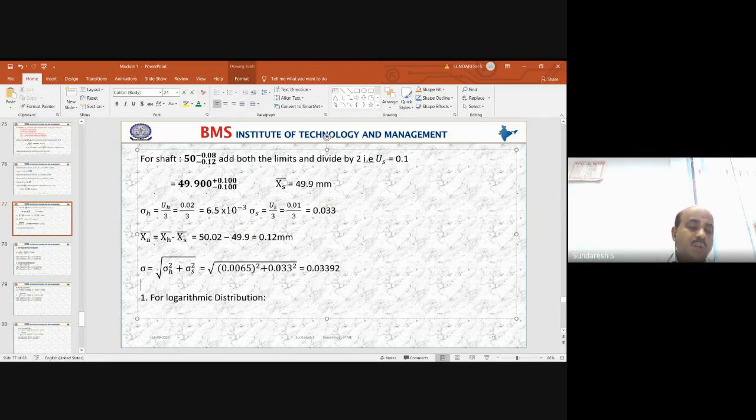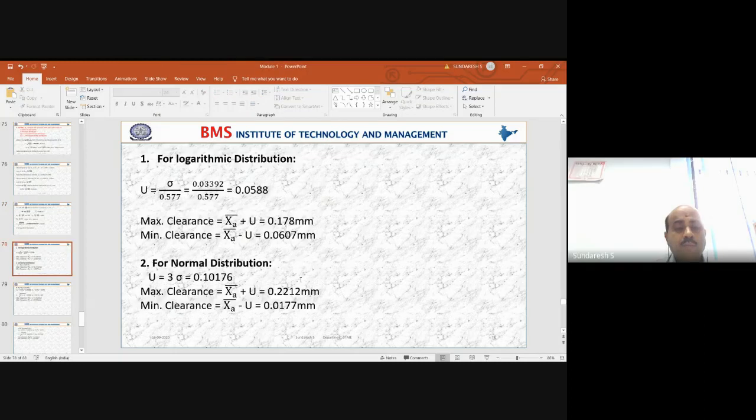Yes, sir. So once you get these things, next we'll start with the distributions they have given. For the first one, logarithmic distribution. For logarithmic distribution, please take it out. U is equal to sigma divided by 0.577. All these things are available in the data book, don't worry.